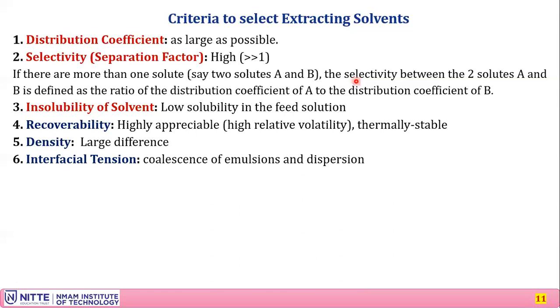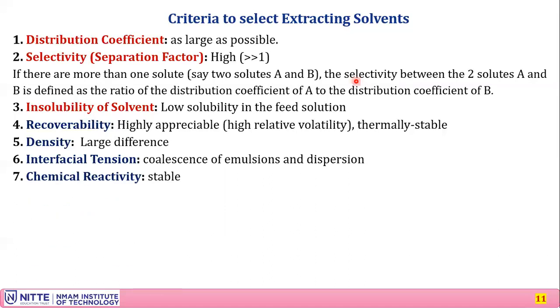Coalescence means they form bubbles and they break. If you have high interfacial tension, there is a problem. If you have low, it is also an issue. So it should be moderate enough. If you have high interfacial tension, it may not break. Breaking of the bubbles will be difficult. The more the breakage, the more the surface area, the more the mass transfer.